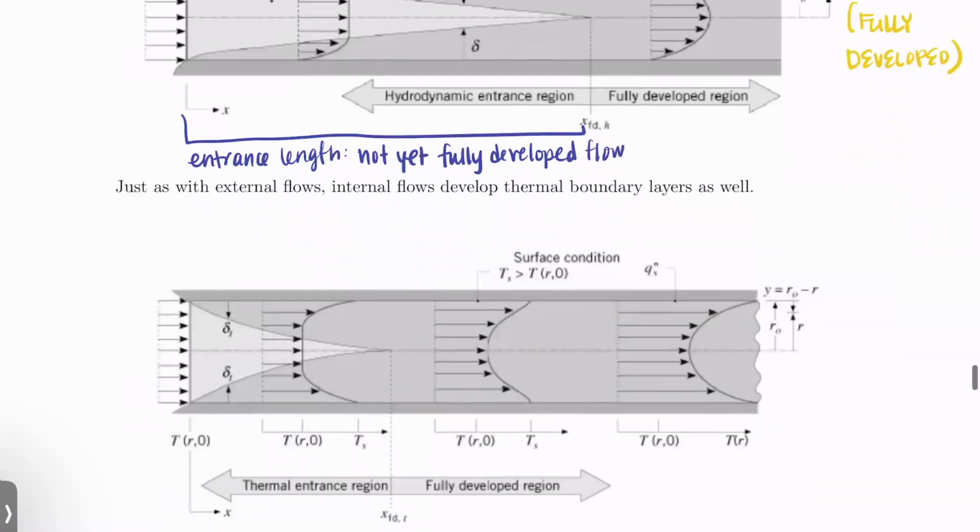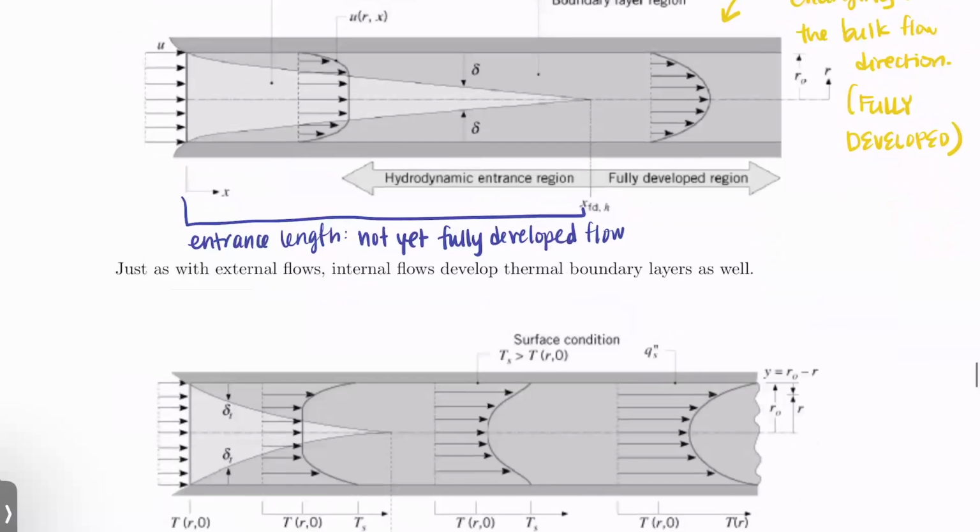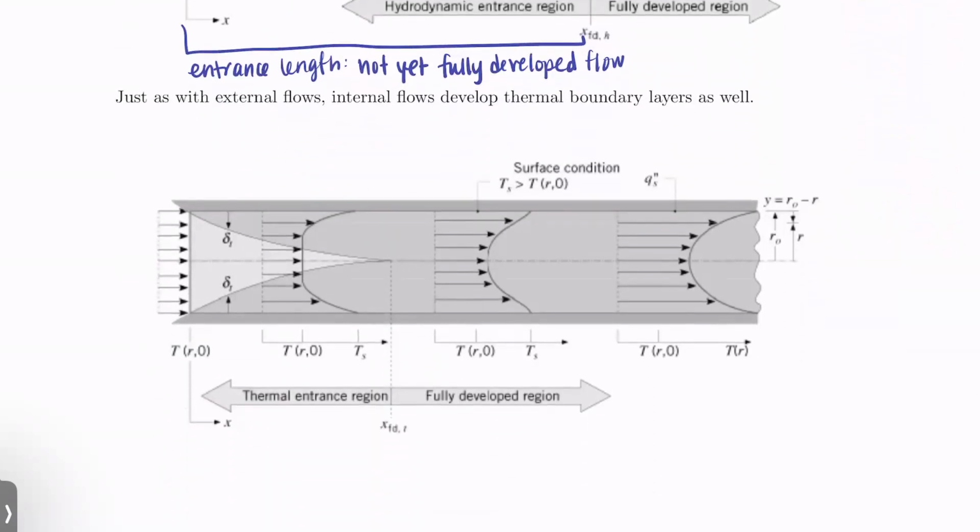And just like how we made an analogy with the velocity boundary layer for a flat plate and the thermal boundary layer for a flat plate, we can do that exact same thing with internal flows. So our pipe is also going to develop a thermal boundary layer as well and have a thermal entrance region and a fully developed region, just like it did for the velocity.